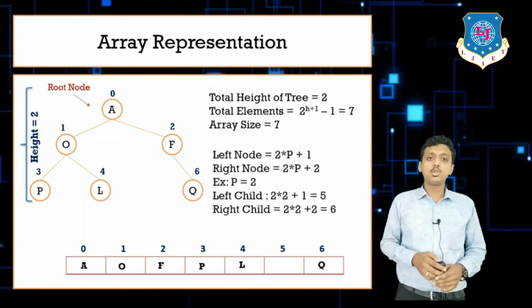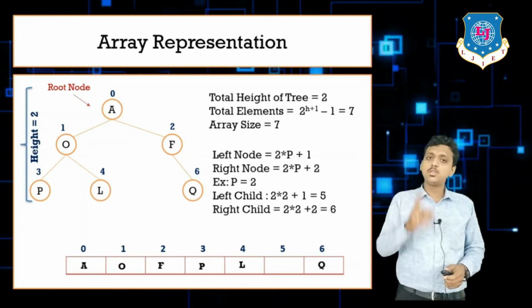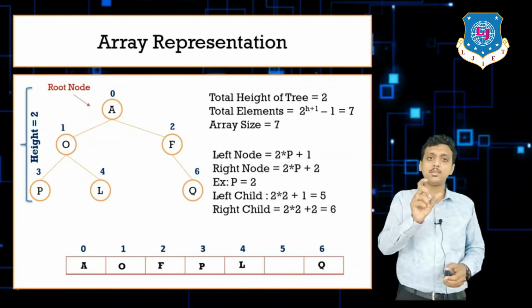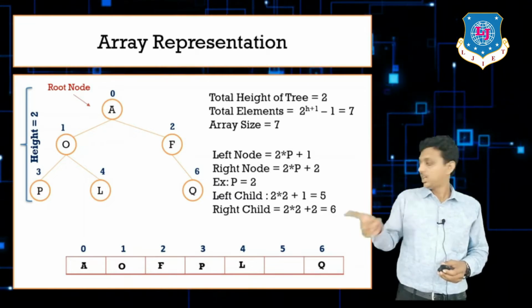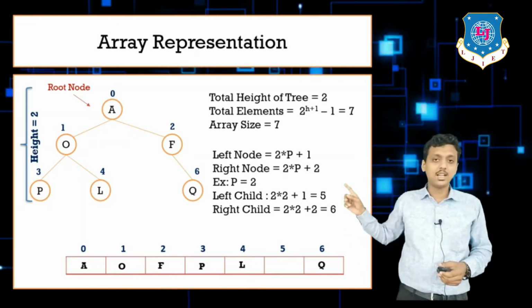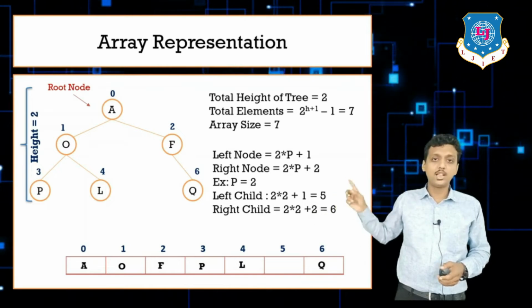Now let me show you another formula. Students, we have two formulas to get the exact position of an element. Suppose here in the array A is at 0, O is at 1, F is at 2.